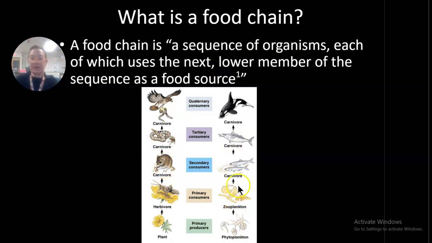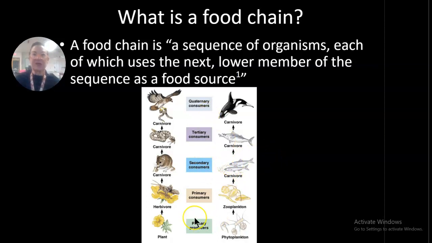And over on our seafood chain here, I have phytoplankton, which is a plant-based organism, and then I have zooplankton, which is an animal. So they're going to eat the food, and then the fish above it are going to eat the zooplankton. So it goes on and on like this.